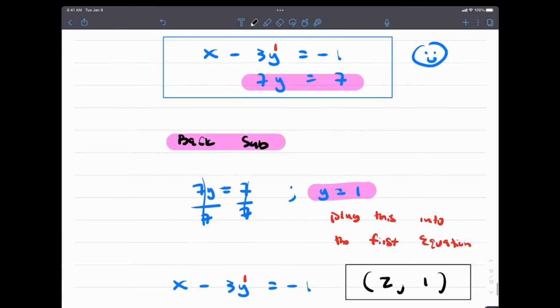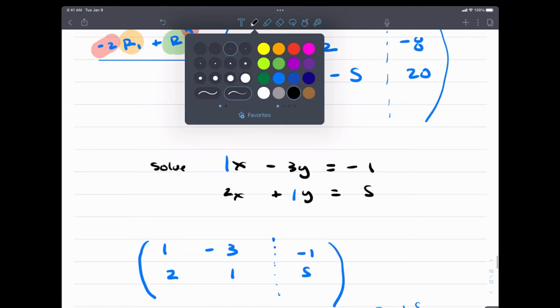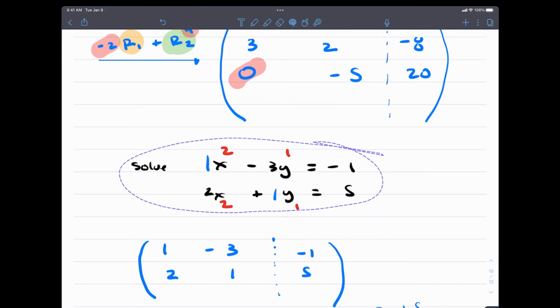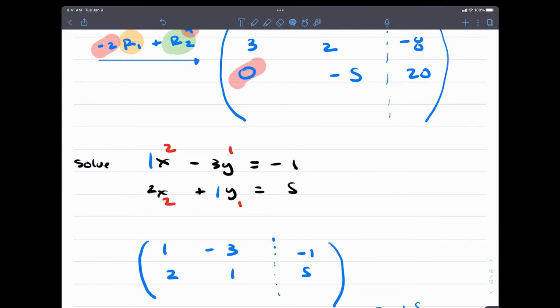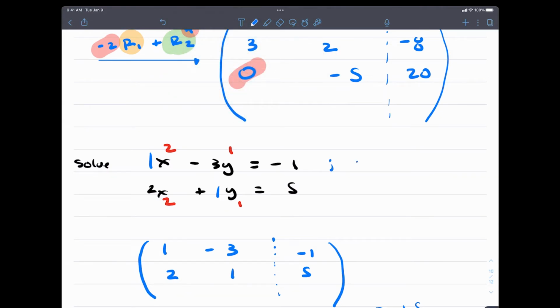So you might say, what is a solution again? Go back to the original equation. X is 2. Y is 1. Remember what it meant to be a solution? That when you plug the values back in, you get a what? A true statement. Okay. This is 2 minus 3 equals -1.